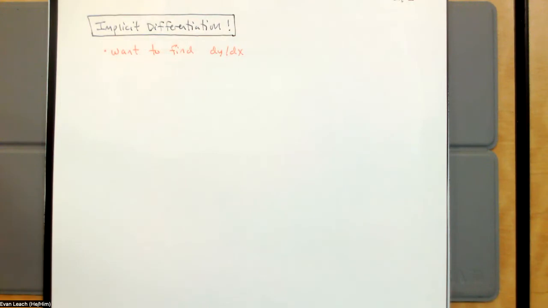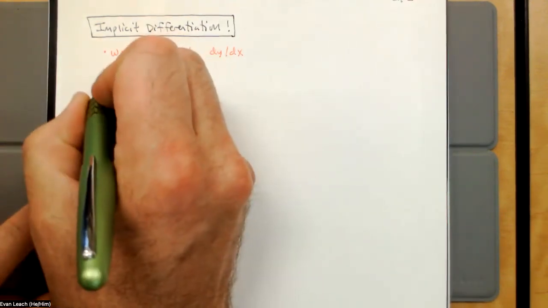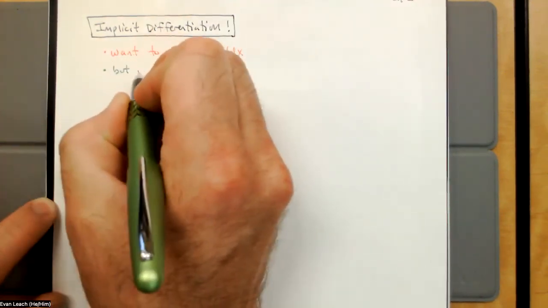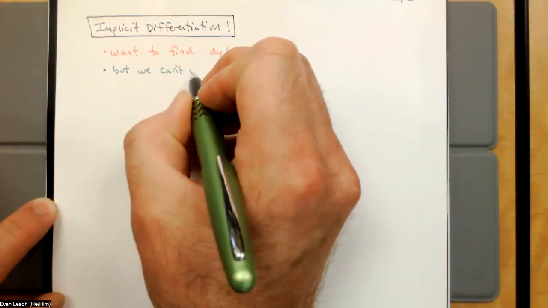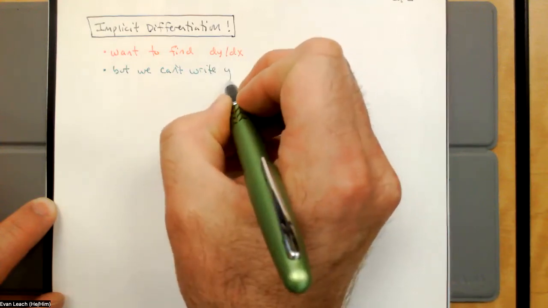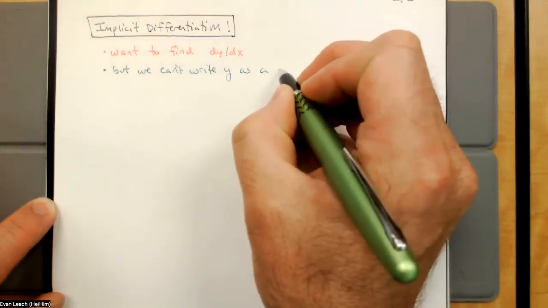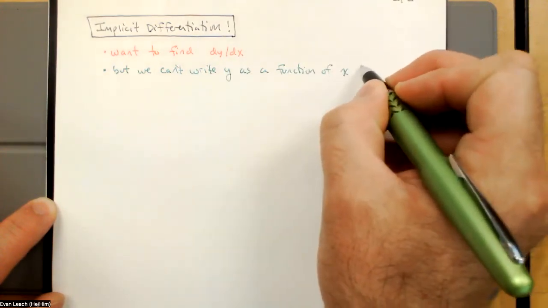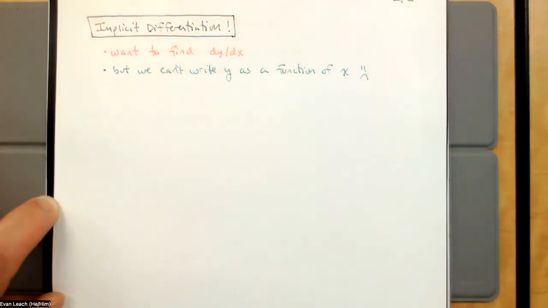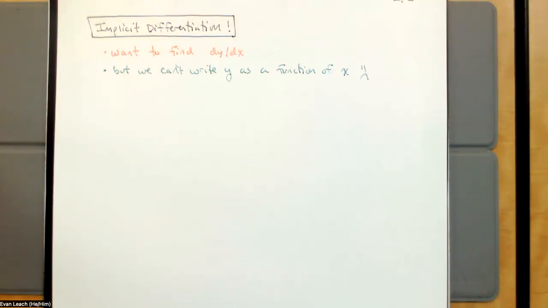The complication is we can't write y as a function of x. Fortunately for our heroes, we'll just use the chain rule.